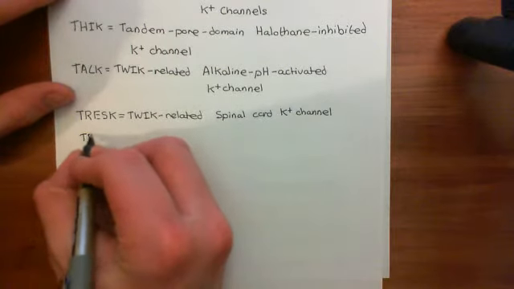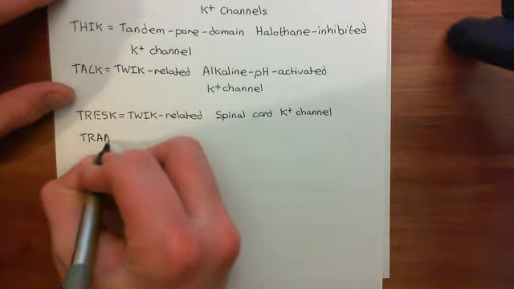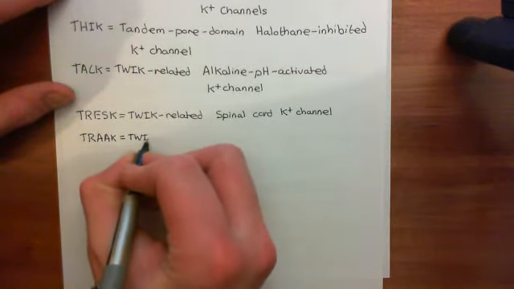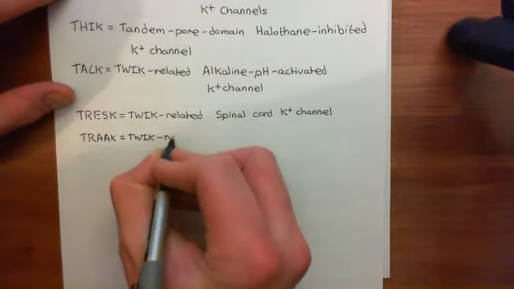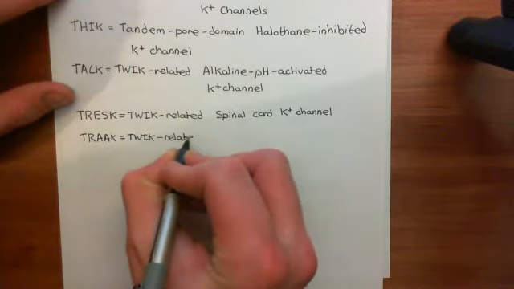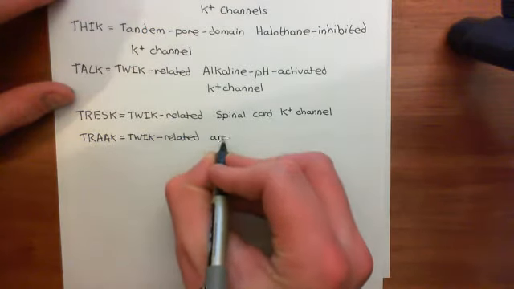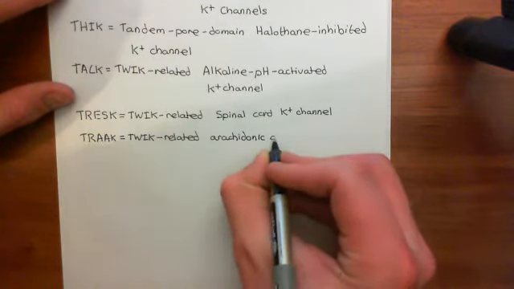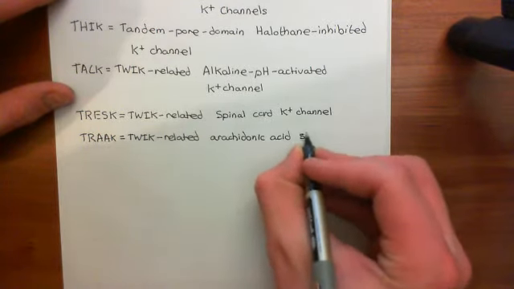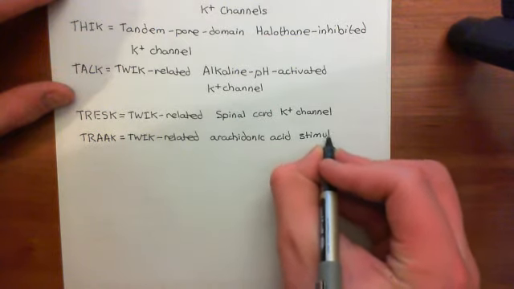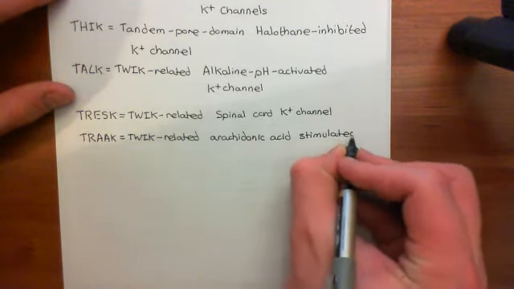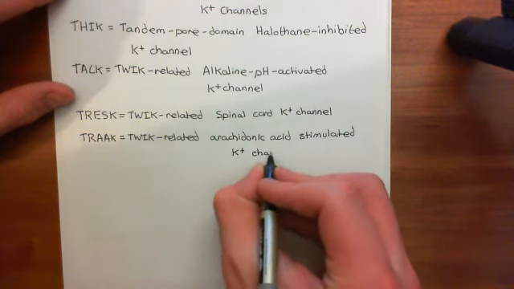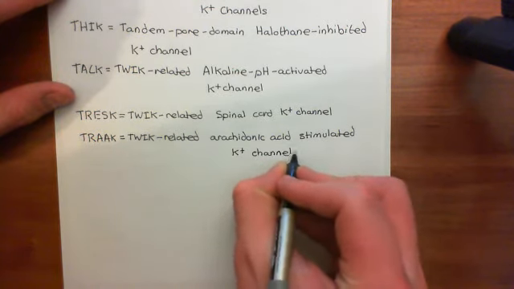So this is the final name, TRAAK, which stands for TWIK-related: the T is for TWIK, the R is for related, the AA is for arachidonic acid stimulated, and then the K, as always, is for potassium channel. So that now concludes our discussion of the two-pore domain potassium channels.